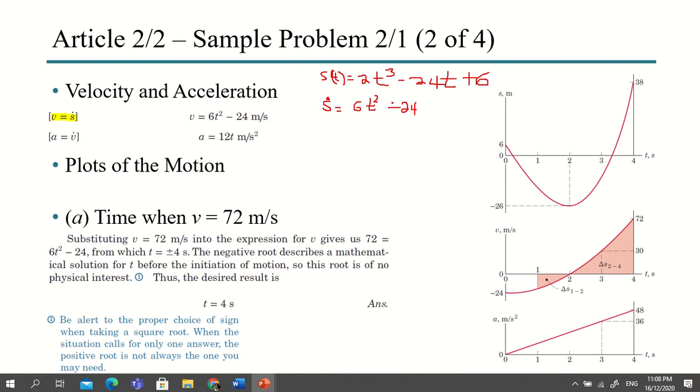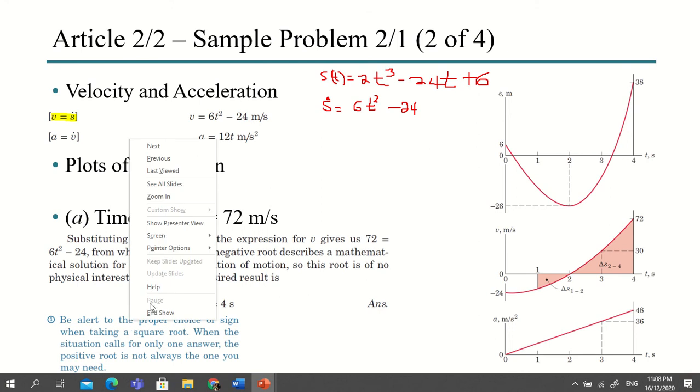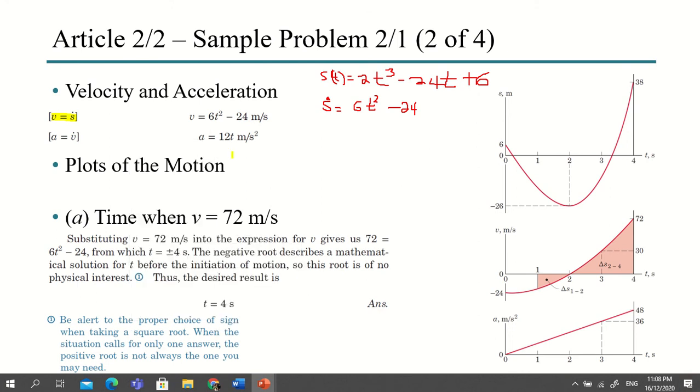Velocity is 6t squared minus 24. Then the acceleration: this is the velocity, and for the acceleration you just differentiate this and it will give us this one.